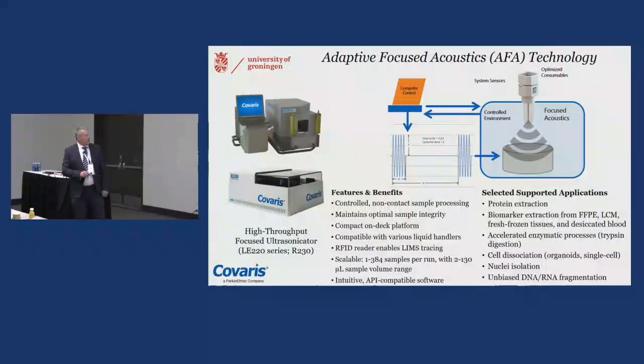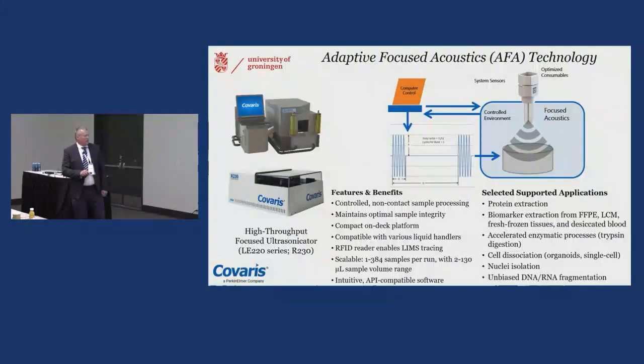The focus was to use the Covaris high throughput focused ultrasonicator R230, whose benefit was already mentioned. It's controlled, so you don't have any contact with the processing.